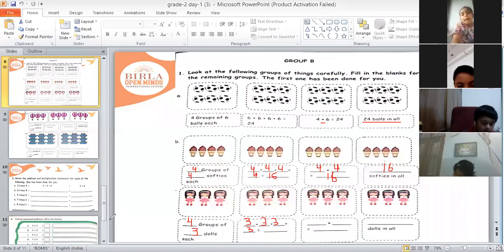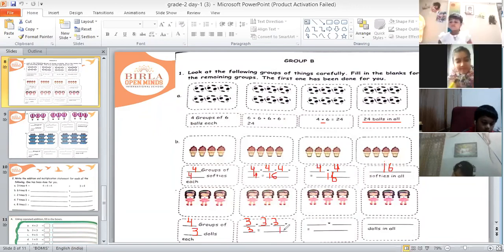Ganesh, unmute yourself and tell me total how many dolls are there. Count and tell. Yes. So after this equal to sign, children, we will write here 12. Okay, that's correct.